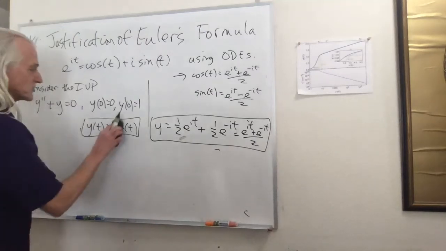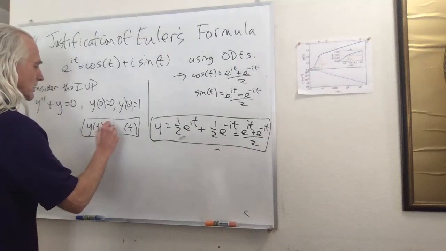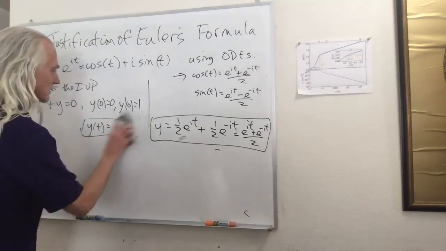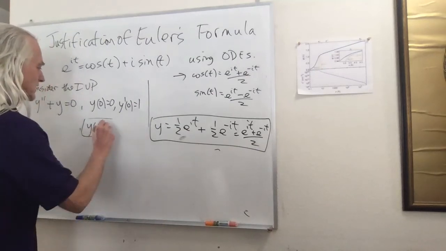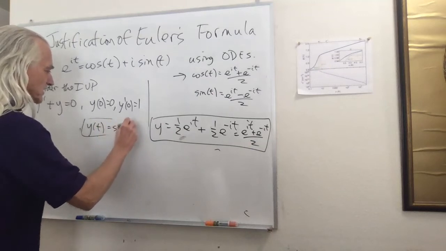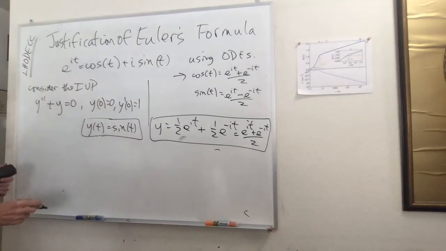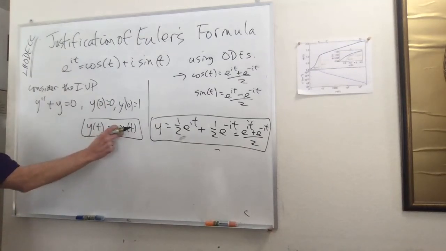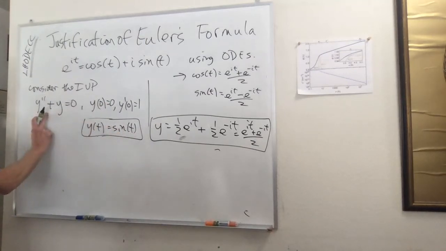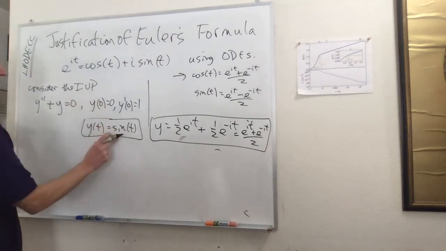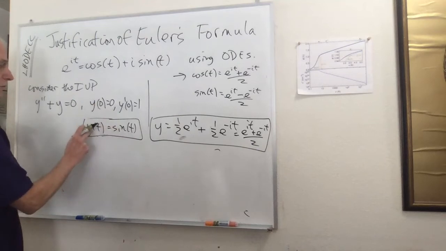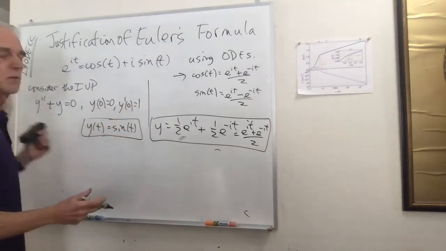This guy has a solution y of t equals sine of t, by inspection. The second derivative of sine is negative sine, so it satisfies this. It satisfies y of 0 is 0, yeah. y prime is cos t, cos of 0 is 1.